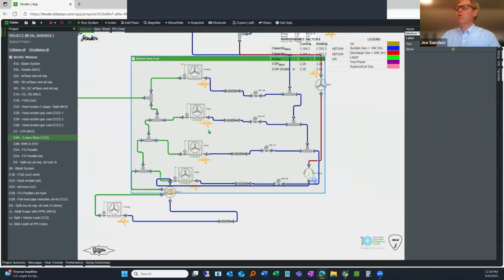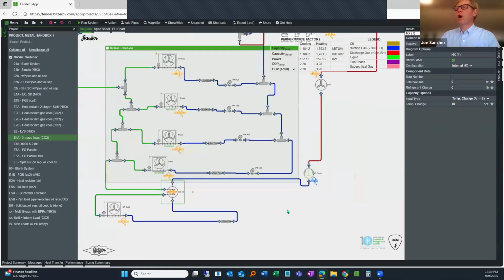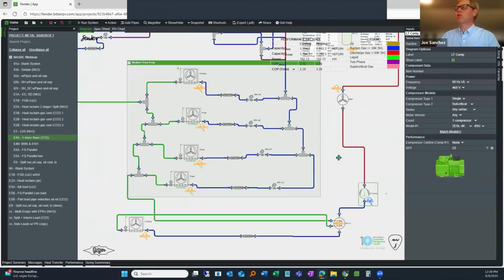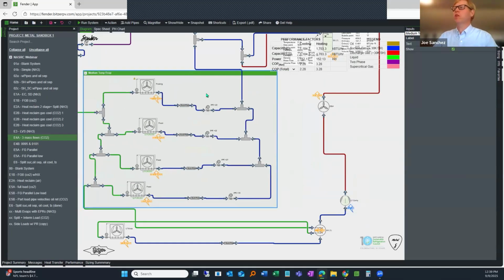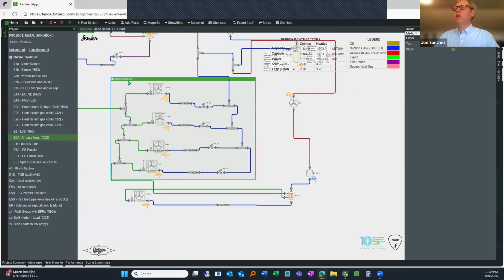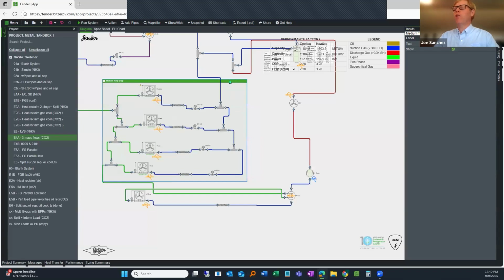The thing I want to talk about here for a second is when it does come to modeling, and this kind of goes back to my analogy with hand engineering drawings moved to CAD. This is actually a little tricky here because I just have one inlet and one outlet, and then I have to divvy up all of my mass flow to these different evaporators.